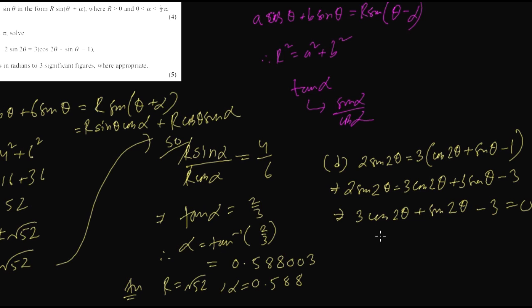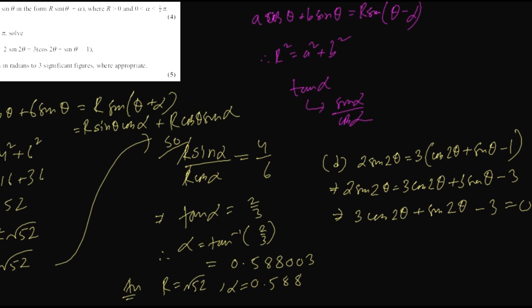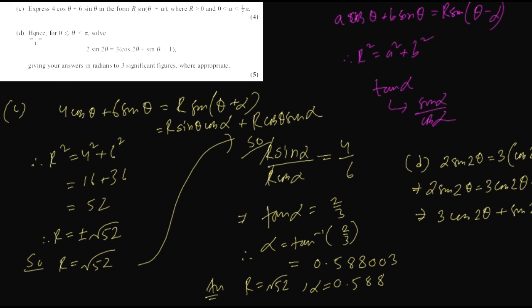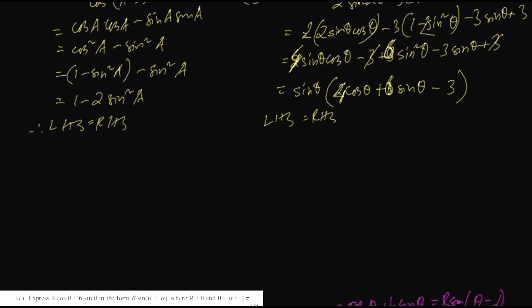So take their hint. They said hence, so that means it's a good idea to take the help of the previous sum that we did. If you notice here, in the previous sum we have this 4 cos theta plus 6 sine theta. Take a note here, in the previous sum we have this, and even before this we have something like this. Just keep this in mind.